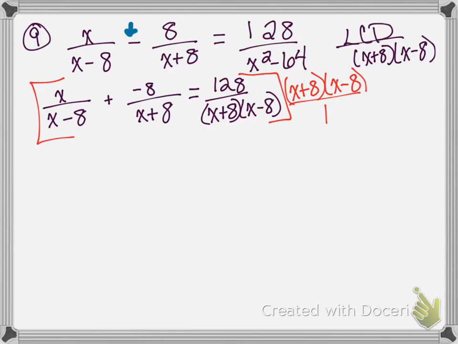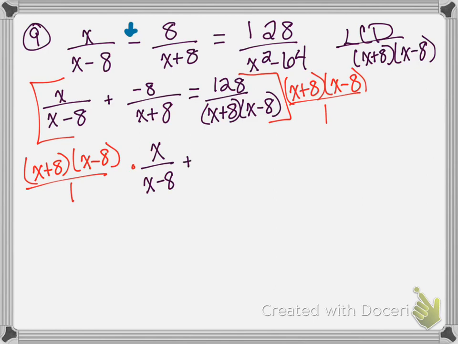Okay, so I have x plus 8 times x minus 8 over 1, and I am multiplying that times x over x minus 8. Then I'm doing it again: x plus 8 times x minus 8 over 1, times negative 8 over x plus 8.